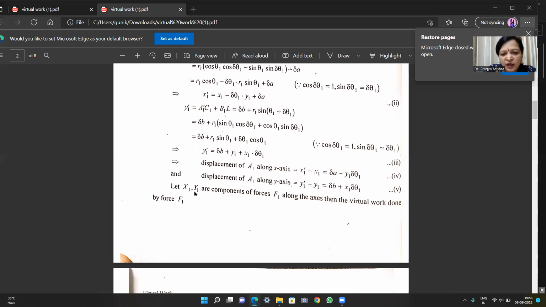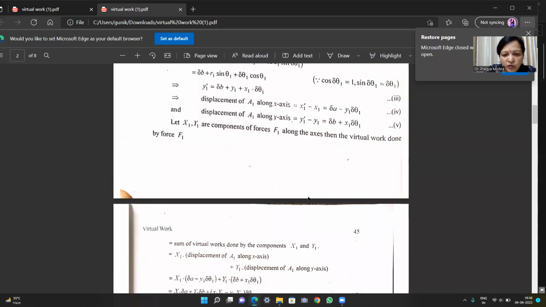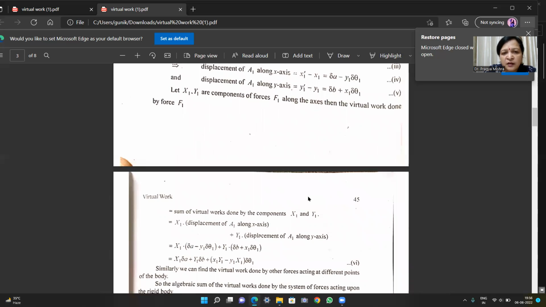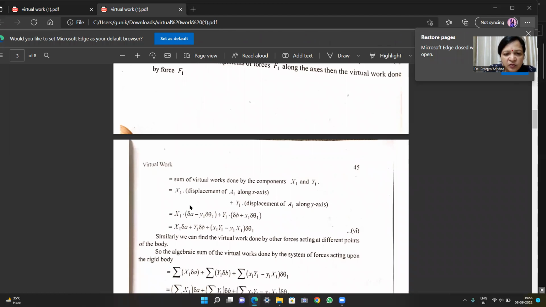Now let X1 and Y1 be the components of the force along the axes. Then the virtual work done by the force F1 will be force multiplied by displacement along the axis. So this is equal to the sum of virtual work done by the components X1, Y1.